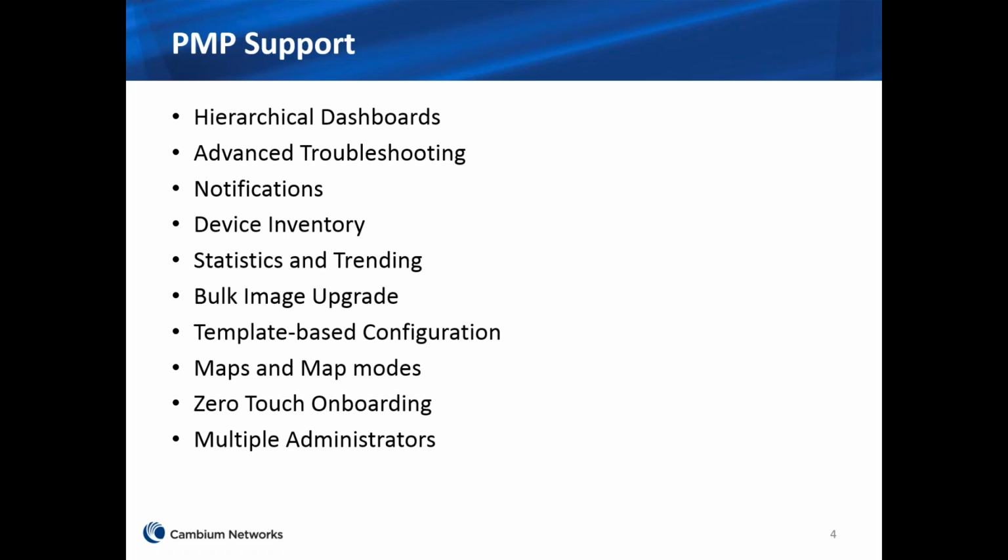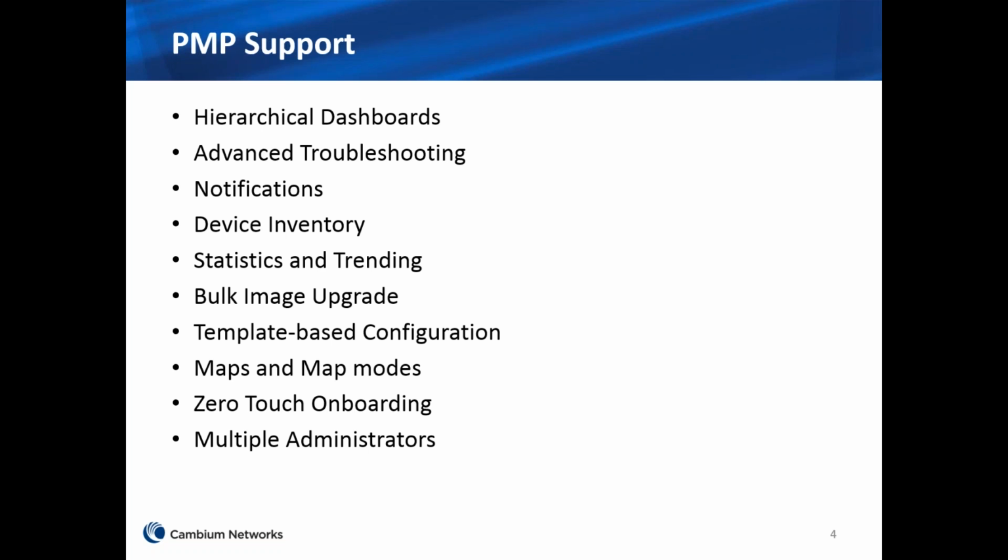And configuration, that's very similar to ePMP. We're going to talk a little more about Wi-Fi configuration later, so you can see the details on that. Maps and map modes use Google Maps, so you can see all the graphical displays for different scales and different devices in the network.